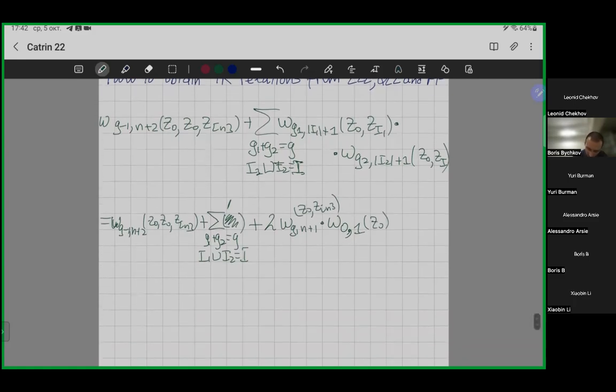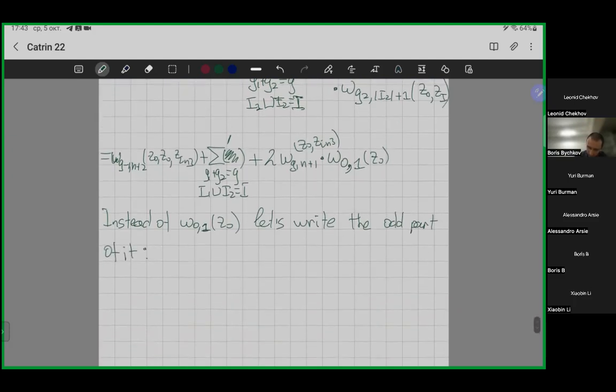So instead of omega 0,1, let's write the odd part of it: omega 0,1 of z minus omega 0,1 of sigma of z.